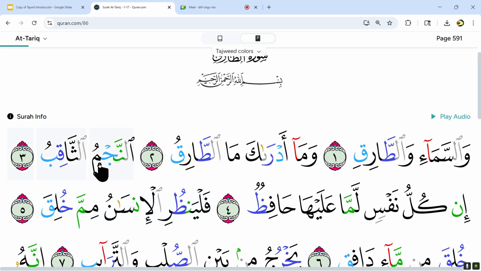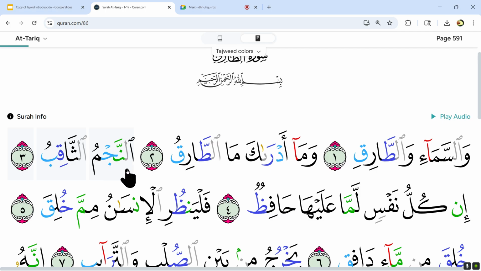Nice. That jim for me in my head is like a shotgun sound. An-najmu. I see what you mean. It's kind of like a back and forth. Because if you take it off, it'll create a space between the jim and the meem.